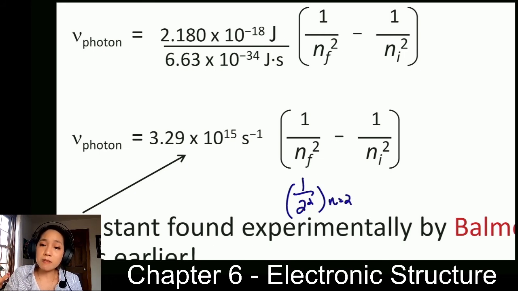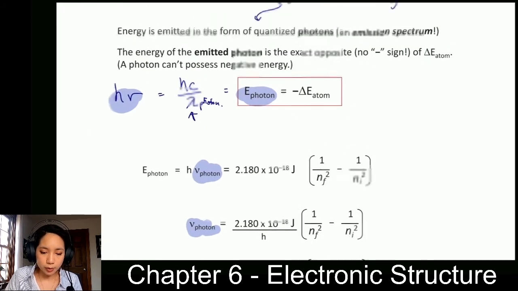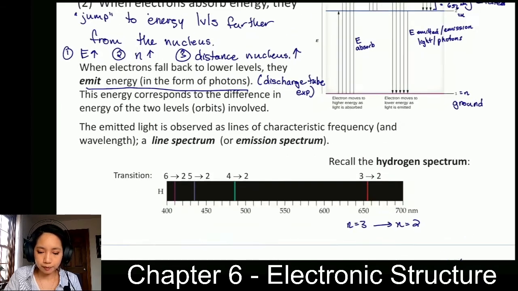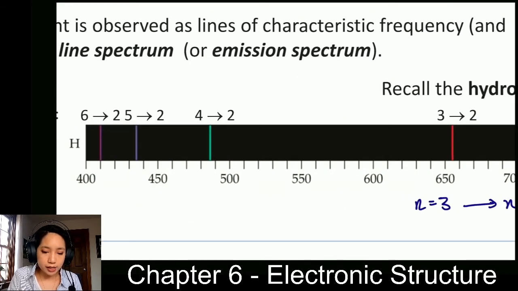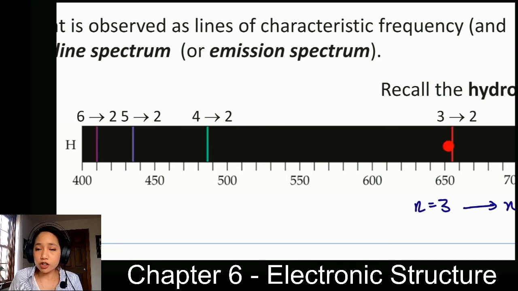So what this means in terms of our line spectrum, if we go back up to our line spectrum for hydrogen, is that all of these lines that you see in the visible region have electrons falling to not the ground state, but to the n equals 2 level. That doesn't mean that photons aren't being emitted that are falling to the ground state. It's just that what we can see are electrons that are falling to the second energy level, so from higher energy levels to just the second.